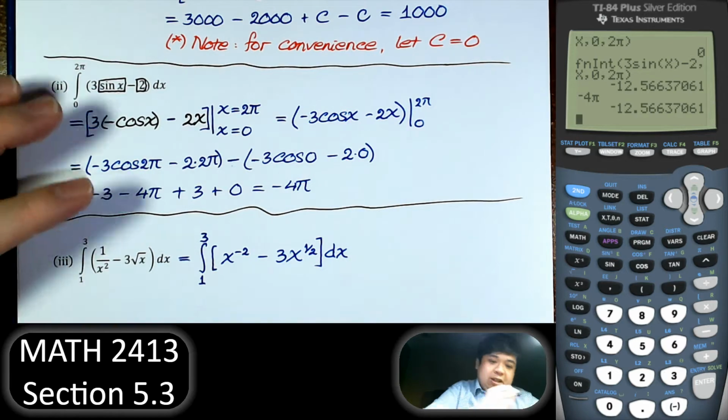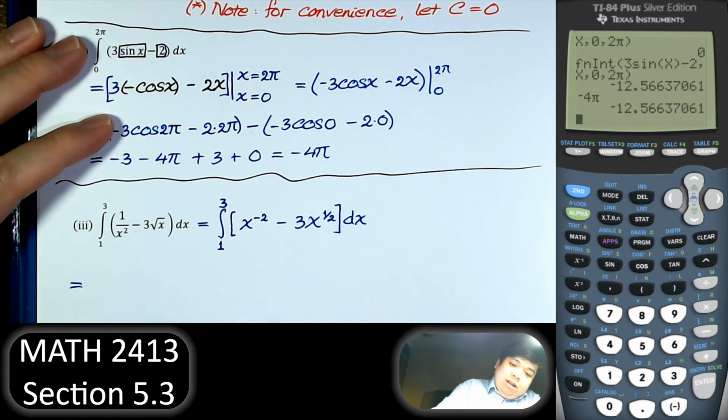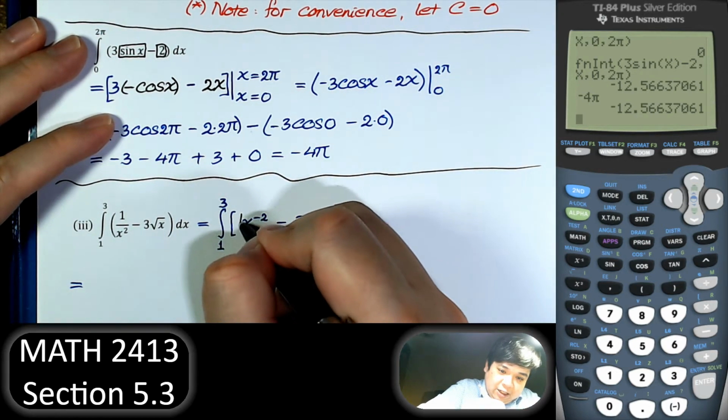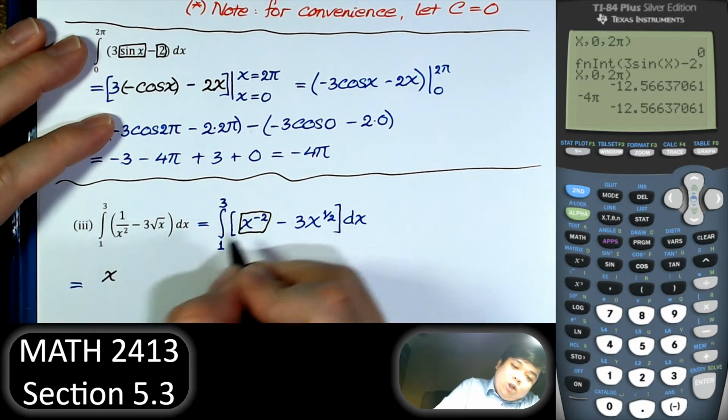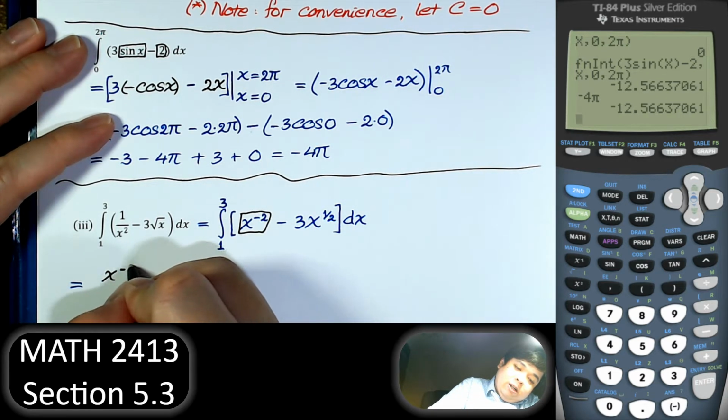Now we integrate. Power rule. x to negative 2: increase the power by 1. Negative 2 plus 1 is negative 1.